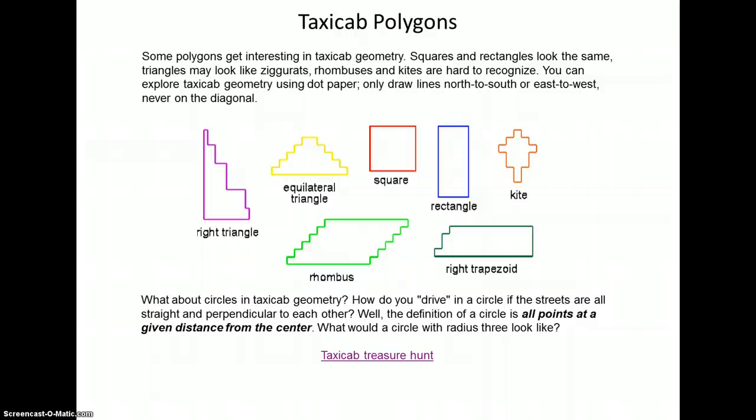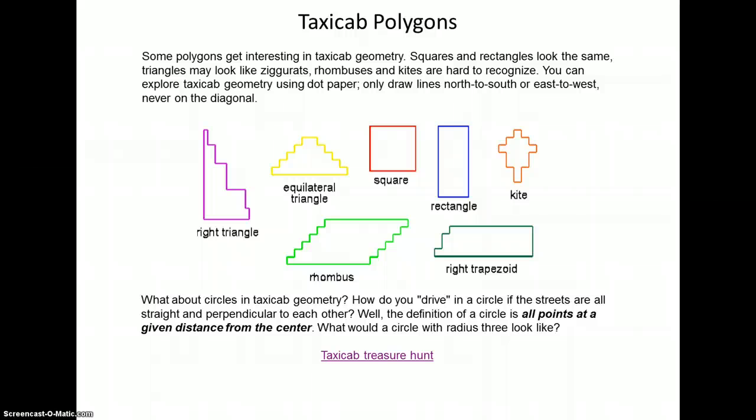A right triangle with the same congruent sides could look very different. The left side and the bottom side are going to stay the same, but the hypotenuse can be drawn in many different ways. They'll all have the same length, but they may or may not have long sections or zigzags.